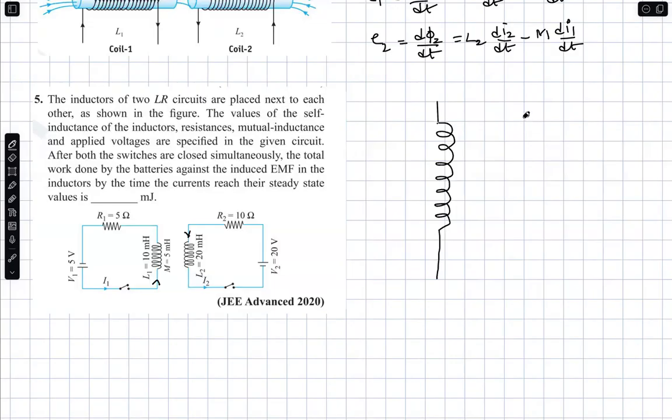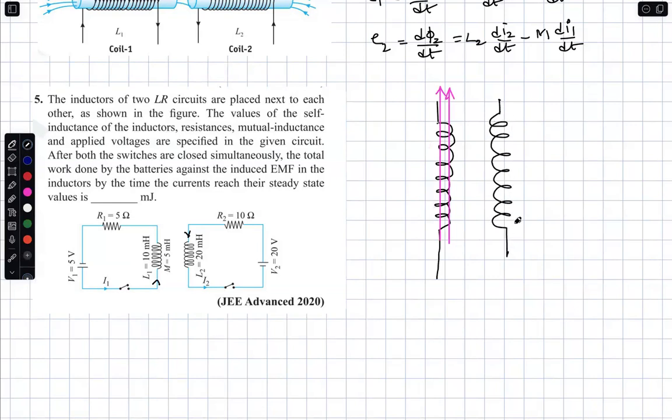Like this. So which means now it is going on like this.